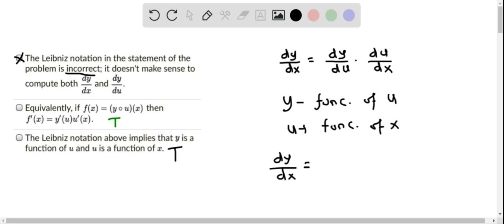That is, dy by dx equals, we first find the derivative of y with respect to u, because y is a function of u. Multiply with the derivative of u with respect to x, because u is a function of x. So this statement is true.